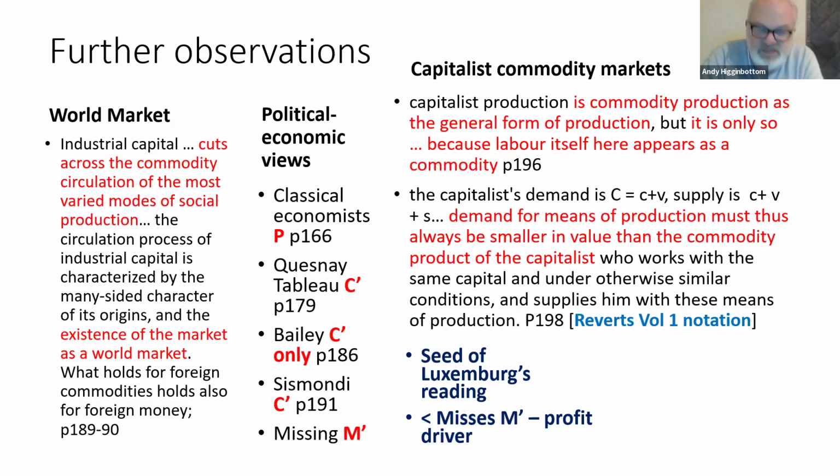This is a seed of how Rosa Luxemburg understood the capitalist mode of production, which is very much based on volume 2. And again, it's also the seed of the critique of Rosa Luxemburg's interpretation, which is extremely well argued and well-meaning, I would say. It's got a very good motive behind it, but it misses the further development of the perspective of the profit driver. And that is the problem with it.